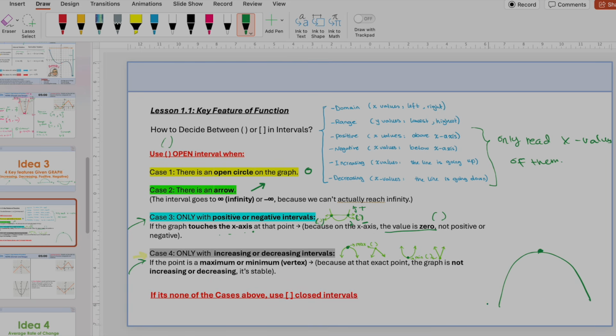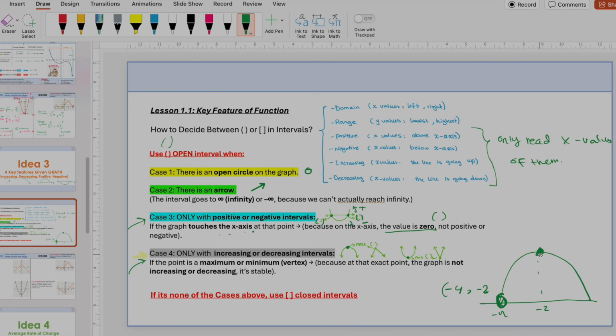So let's say that this is your graph. From -4 to -2, it's increasing. Now, from -4, I kept it open because I have an open circle. To -2, now the -2, you'll tell me, Miss, it's a closed circle, I have to close it.